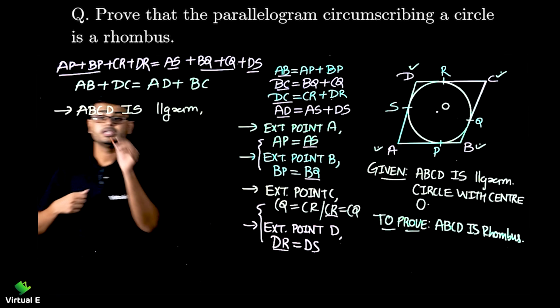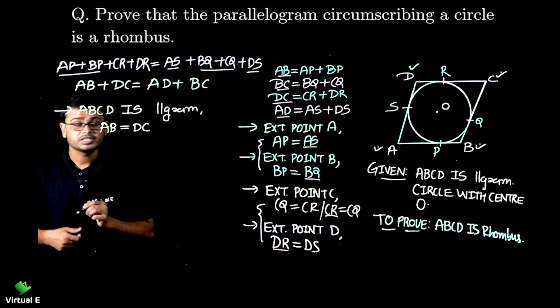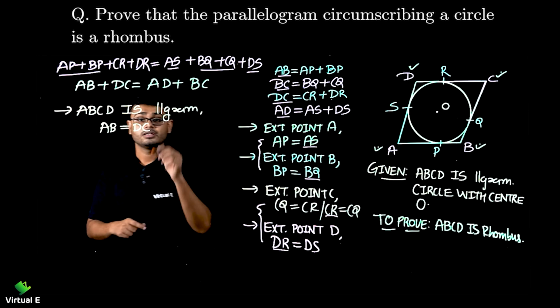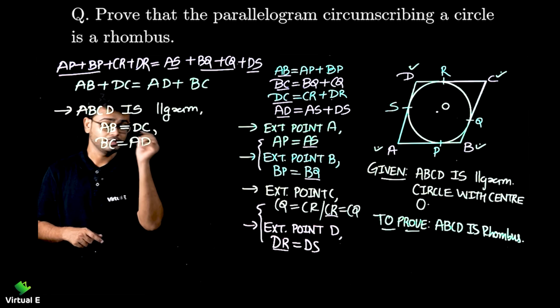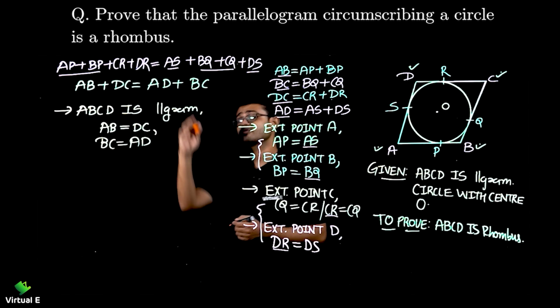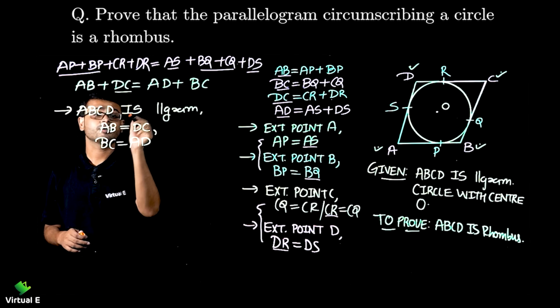AB is equal to DC. Now next is BC is equal to AD. So one more property, BC is equal to AD. Done. Now, how can we use this? Let's substitute this over here. So instead of DC, I am going to write AB.